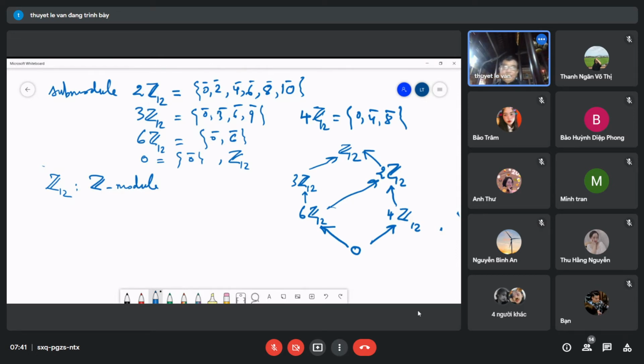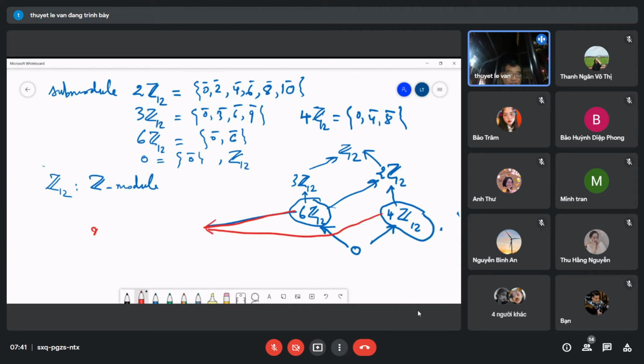So in this case, you can see that here is the 4Z12, and this one you have the 2Z12, and this one is the minimum submodule, because there is nothing smaller.